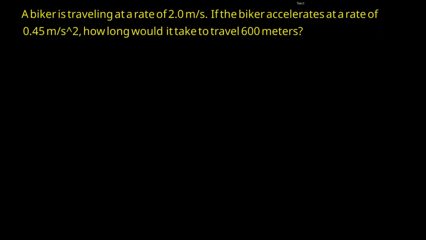Okay, a biker is traveling at a rate of 2 meters per second. If the biker accelerates at a rate of 0.45 meters per second squared, how long will it take him to travel 600 meters? Okay, so we're going to say that x is equal to the initial velocity times time plus 1/2 of the acceleration times time squared.